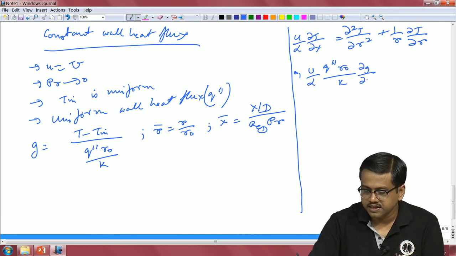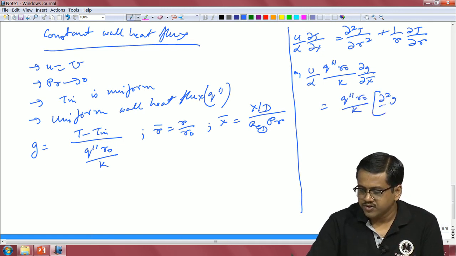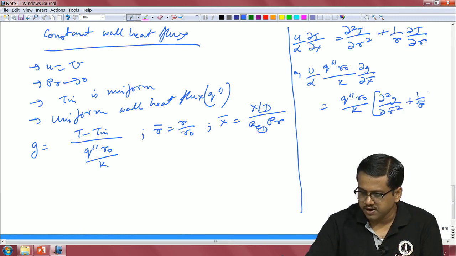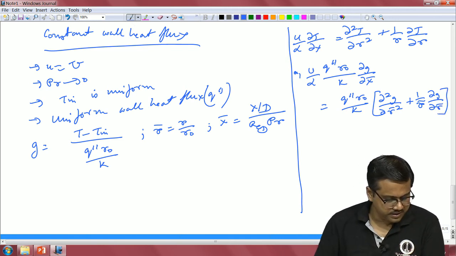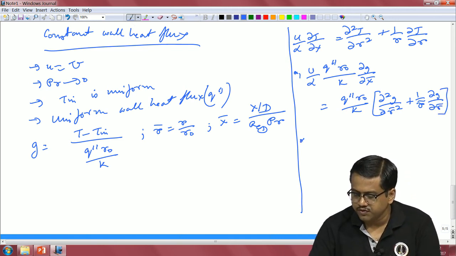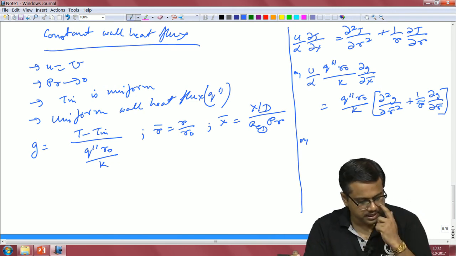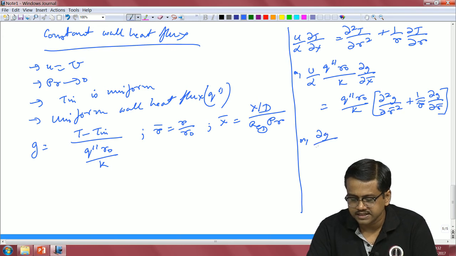This dG by dx bar is equal to Q double prime R naught by K times d square G by dR bar square plus 1 by R bar dG by dR bar. Now if you take a few terms off from both sides, once again your equation remains exactly the same.